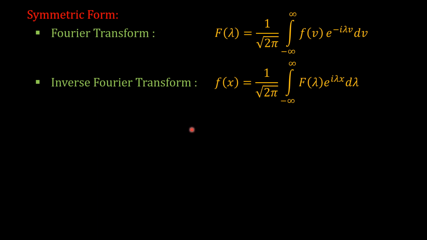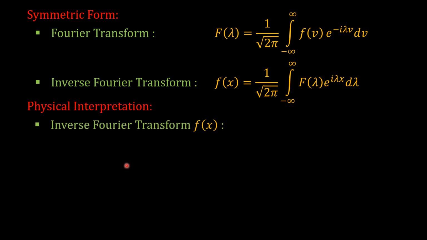Now we will see its physical interpretation. Inverse Fourier transform f of x, what does it give us? If you look at this formula, F of lambda e raised to i lambda x is the Euler form. If we use the Euler formula here, then it will give us cos lambda x plus i sin lambda x.